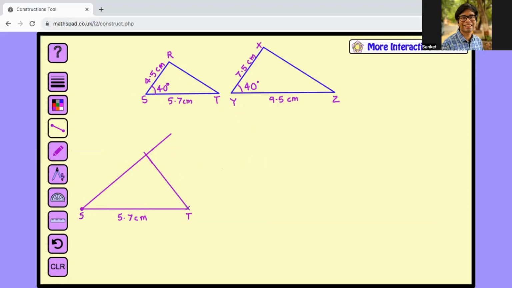Join this point and point T. And this is my point R. I'm going to put all the measurements on my constructed figure. Only after that, I'm going to start constructing my bigger triangle.